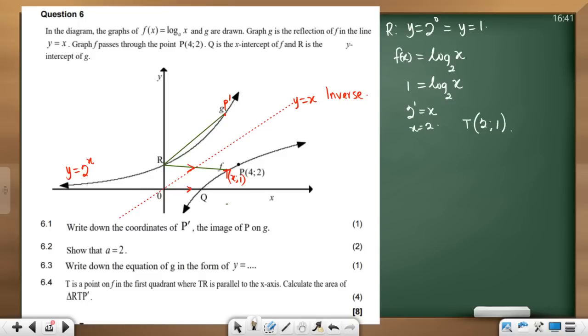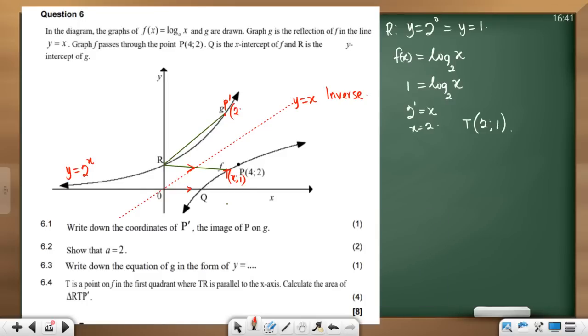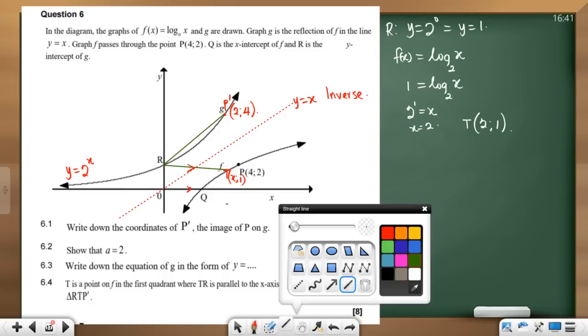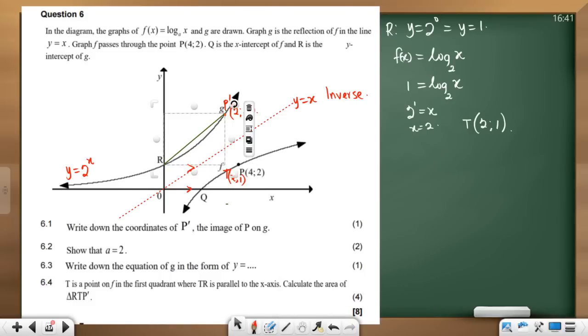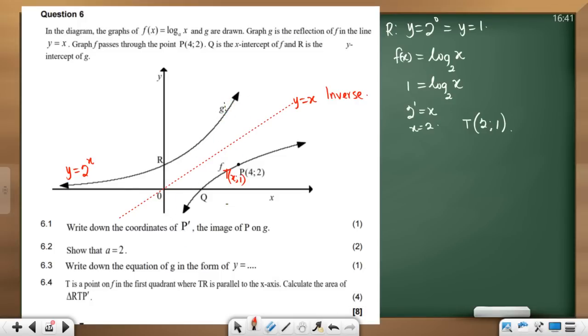Wait. What is the coordinate of the P' image? It's 2 and 4. Oh, that point when it comes down, x is also 2, do you notice? Let's draw. This graph is not doing justice, not drawn to scale. Basically, we're saying x is 4 here.